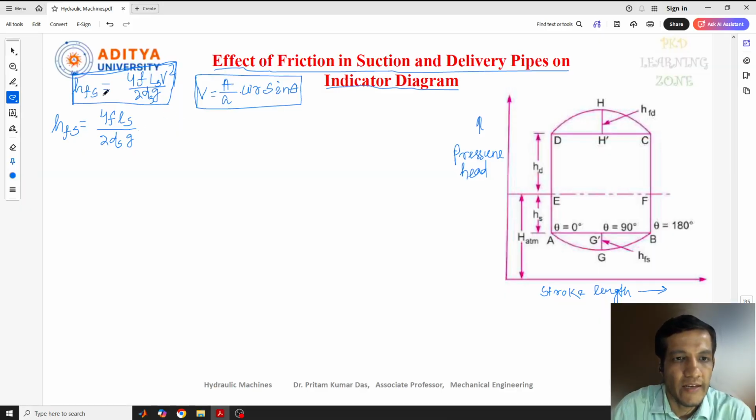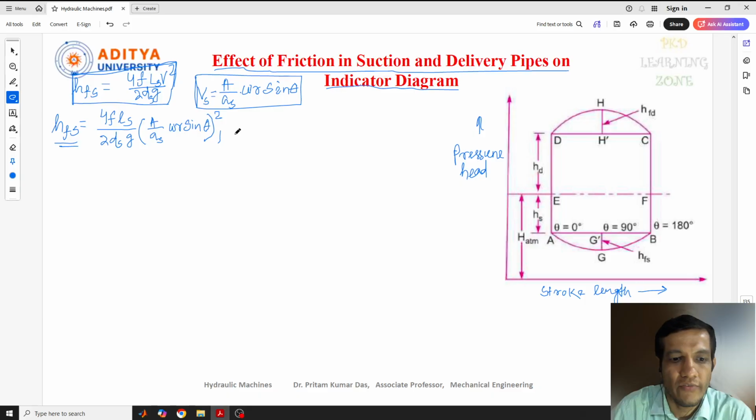As we are mentioning S, here also we mark it aS, the area of the suction pipe, and this is the velocity in the suction pipe. So putting the value of V, we get capital A by small aS, omega r, sine theta, whole squared. This is for HFS, the loss of head due to friction in the suction pipe.